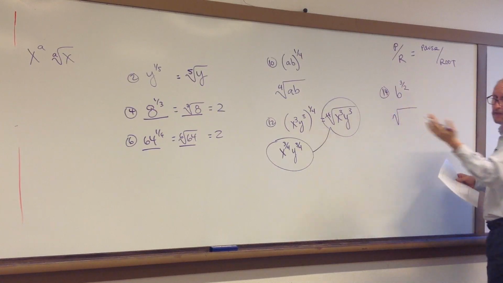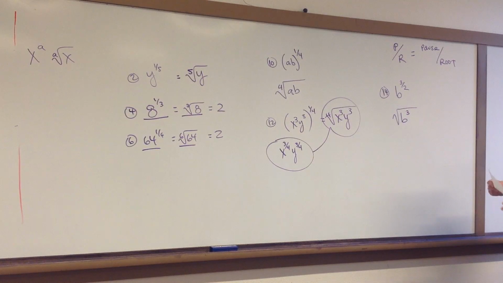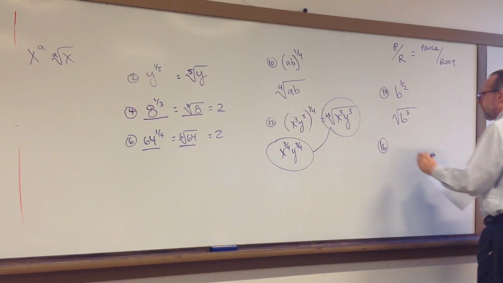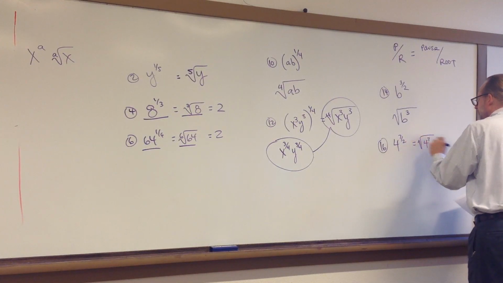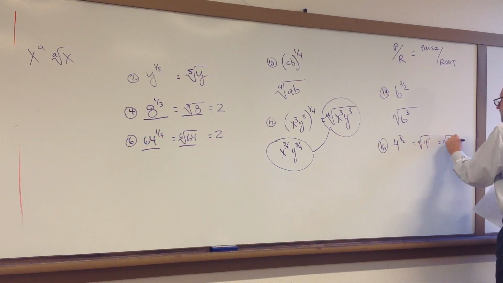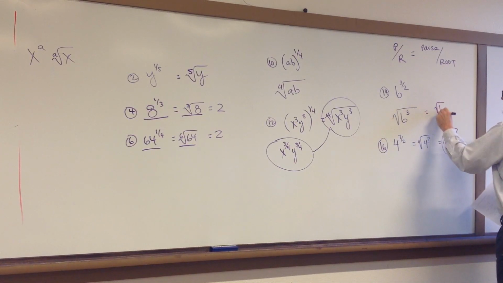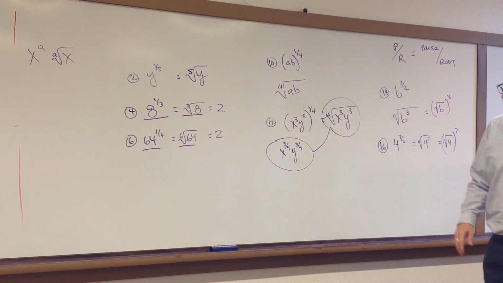You can put the 2 in there or leave it out. It's the same thing. Square root of B to the 3rd. That power stays with the base there. Okay, what else? Number 16, 4 to the 7/2, so that'll be the square root of 4 to the 7th power. You can also write it like this, square root of 4 raised to the 7th power. And this one here, you could write square root B raised to the 3rd power. They're all the same.